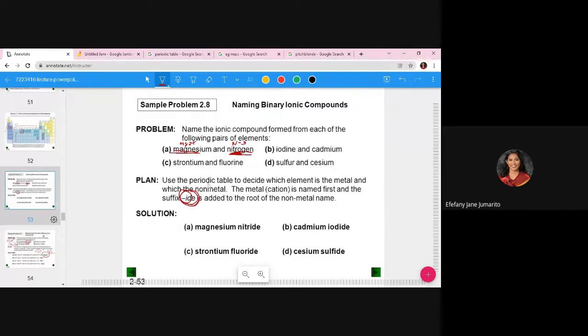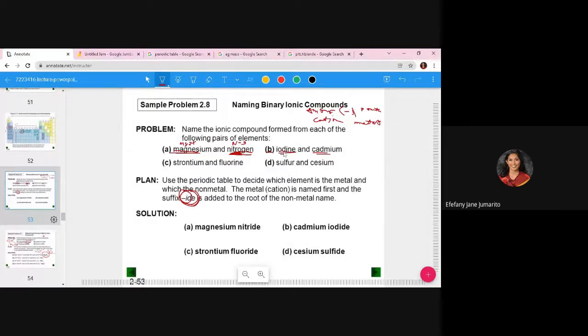Okay. Now, what about letter B? In letter B, iodine and cadmium. Who is the cation and who is the anion between the two? Anions are mostly negative, and they are nonmetals. Cations are metals.